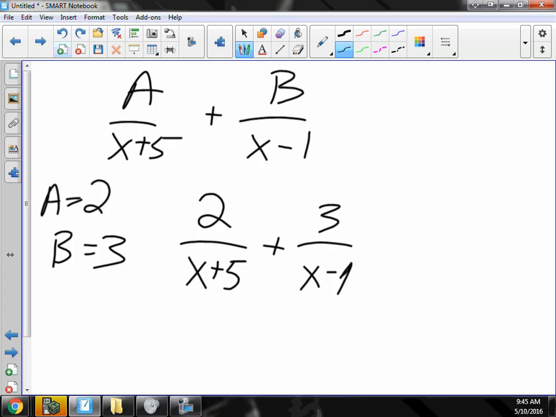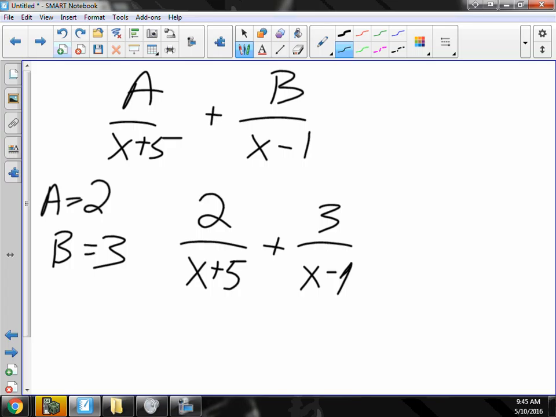Now, this is not the only answer. There are an infinite number of answers, because there may have been factors that canceled somewhere along the way, right? So how many ways are there to add fractions and get 3/4? An infinite number. But if you know that the denominators are 2 and 4, then one of the options would be 1/4 plus 1/2.